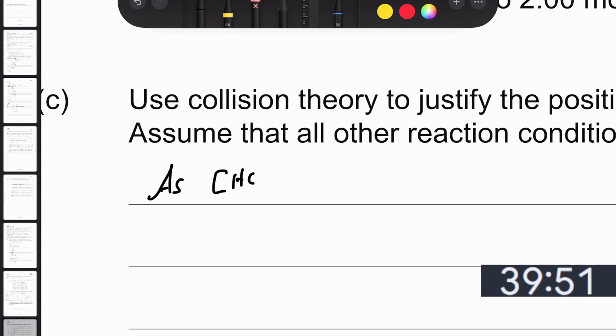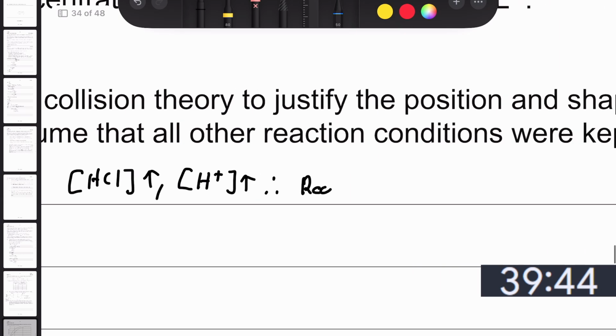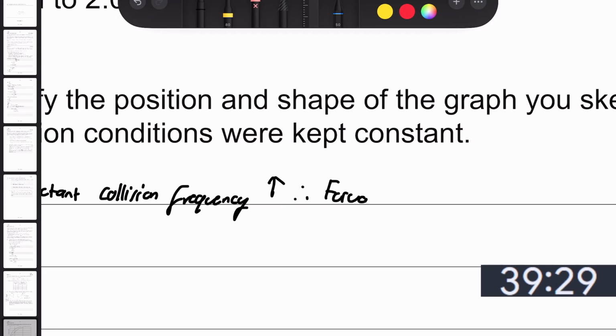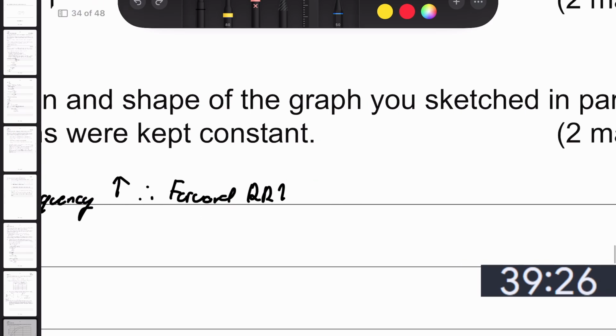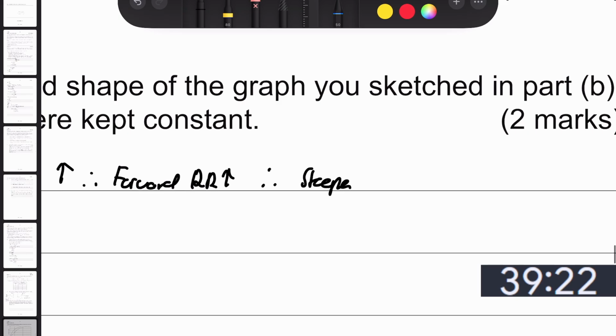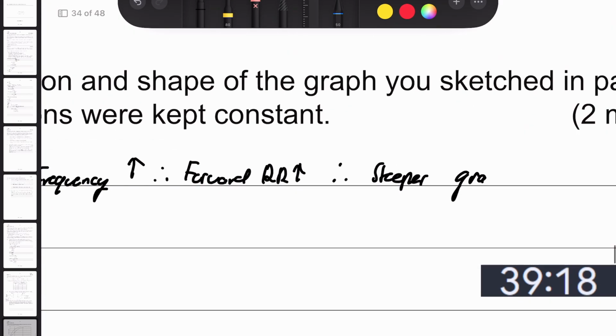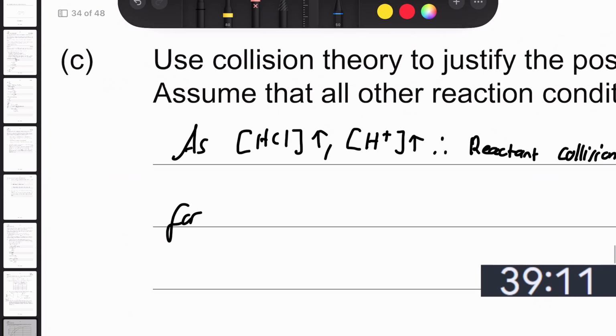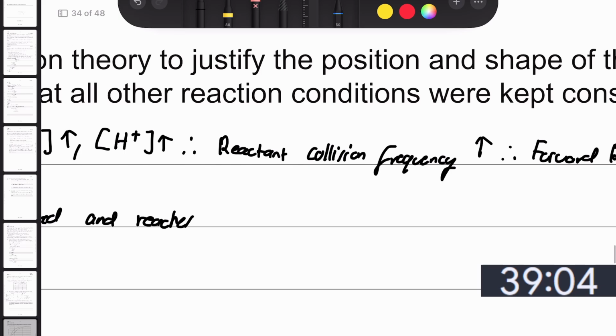As concentration of HCl increases, concentration of H+ increases, therefore reactant collision frequency increases, therefore forward reaction rate increases, therefore steeper gradient for percent gallium extracted, and reaches 100%.